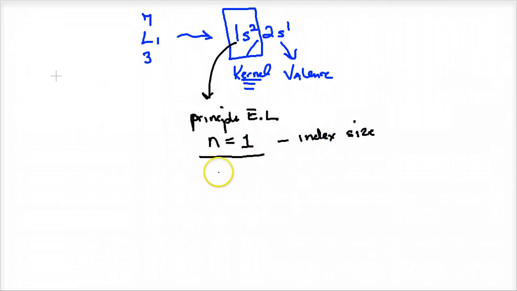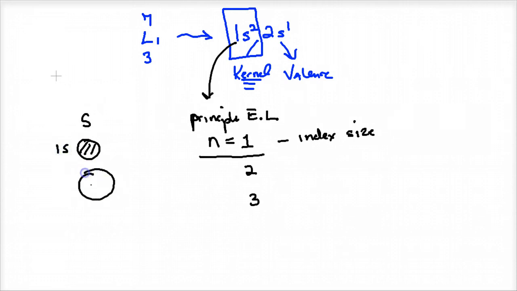As the n number increases, the size increases. Case in point, we learned last year that an s orbital is circular. That standing wave for an electron is a circle. And a 1s electron is smaller than a 2s electron, and so forth and so on.